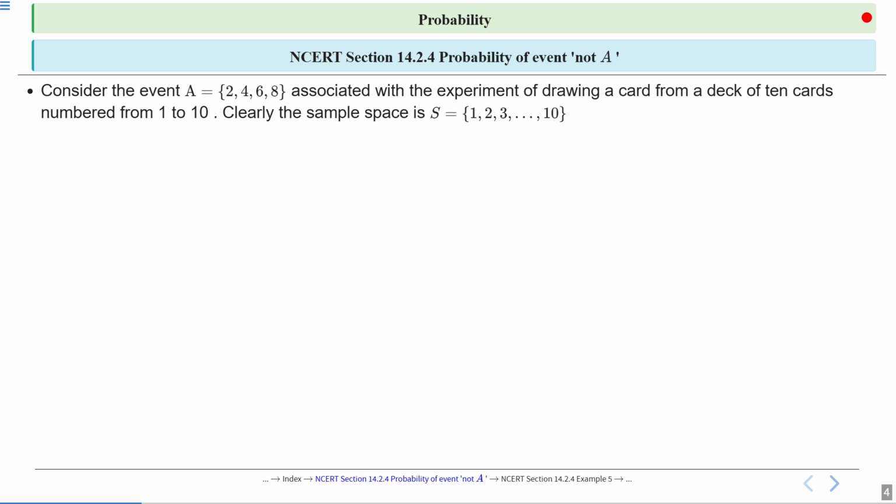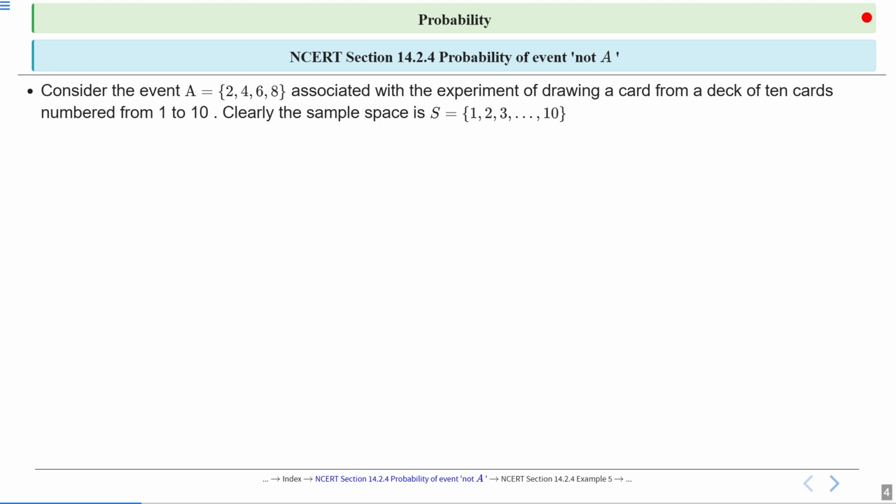For that, we first consider the event A. Event A contains the elements 2, 4, 6, 8, and the associated experiment is drawing a card from a deck of 10 cards, numbered from 1 to 10.